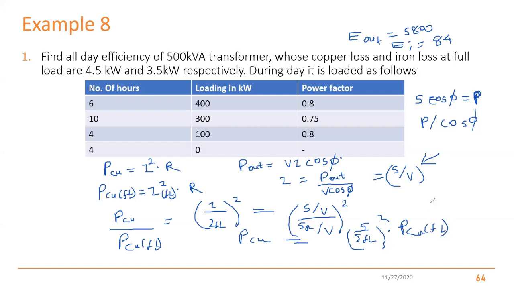P copper full load is known. I can find the apparent power using P divided by cos phi. So you have to remember this equation. But remember, you have to be able to prove this and then use that.